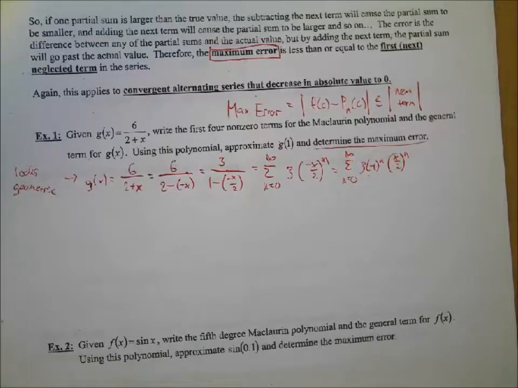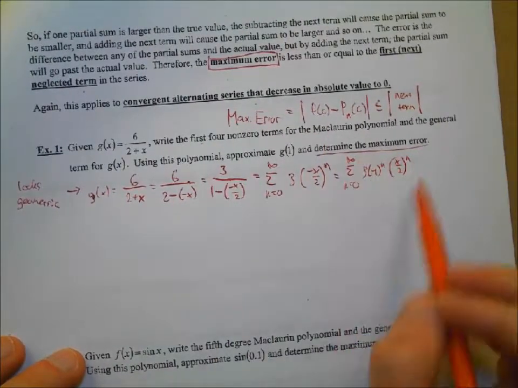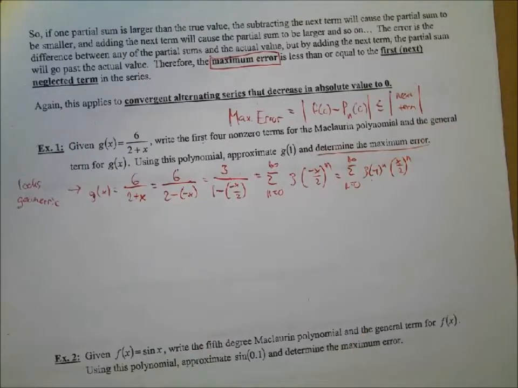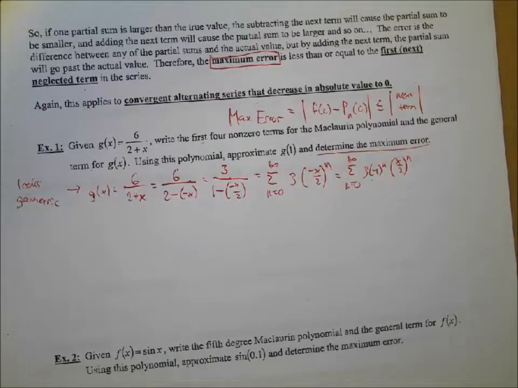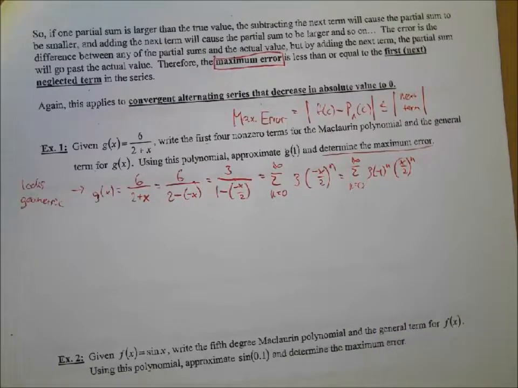Okay? So I'm going to let you guys go ahead and write the first 4 non-zero terms of this Maclaurin polynomial and the general term. Well, I guess we technically already have the general term because I gave it to you right there. But you can then approximate g of 1.